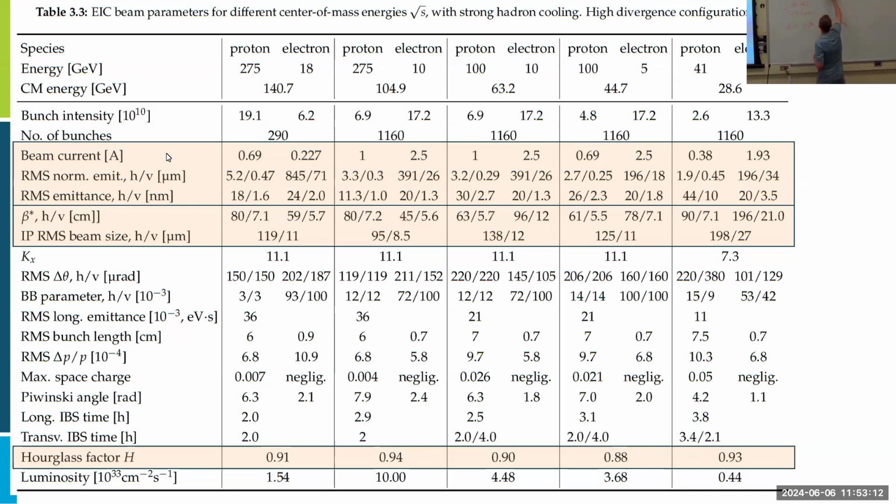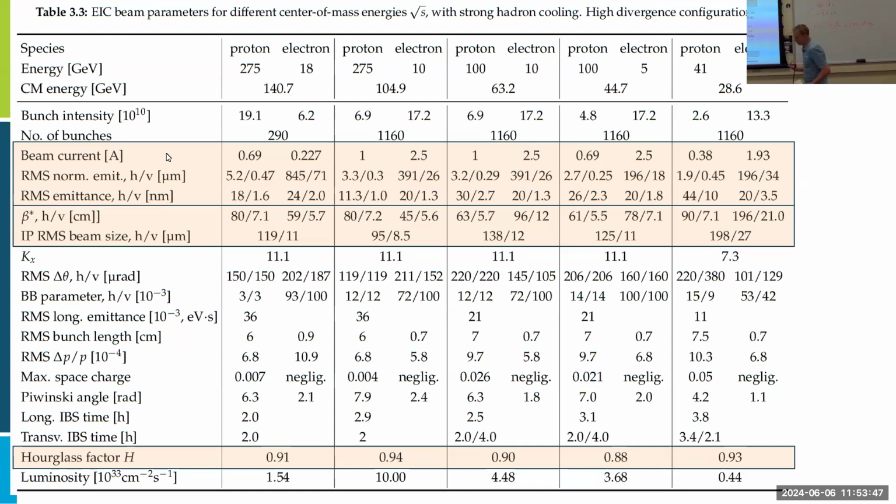So 6.9 times 17.2 times 10 to the 20, because both are in the units of 10 to the 10, divided by, let's call it 12. Then I'm looking for my RMS beam size at collision. IP means interaction point. IP RMS beam size, 95 and 8.5. So 95 microns, so 0.1 millimeter horizontally.